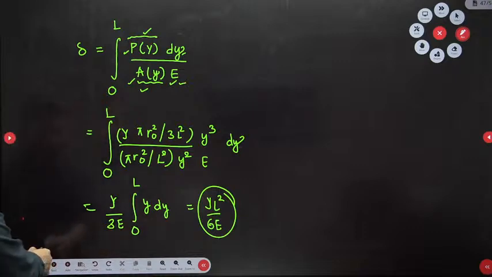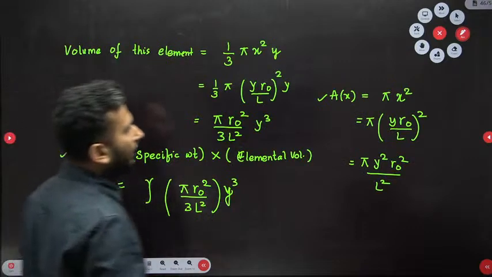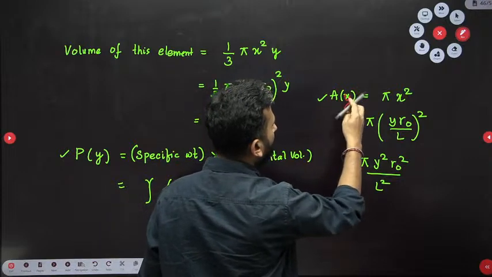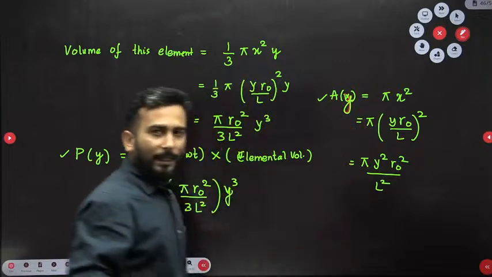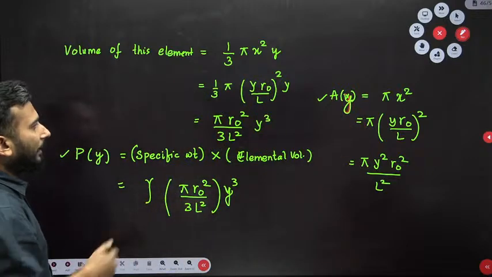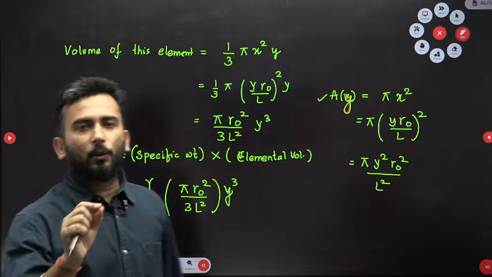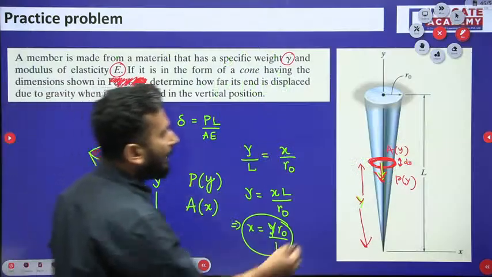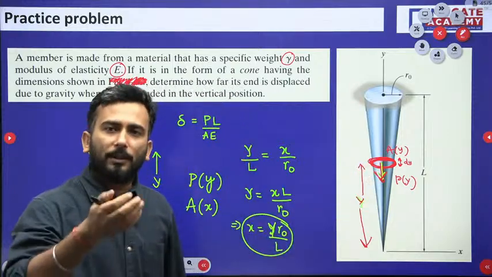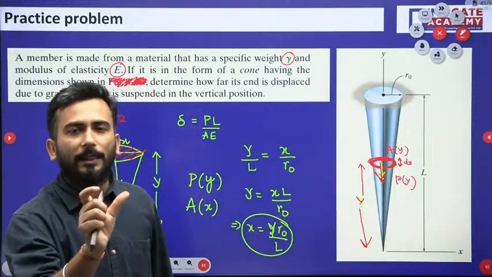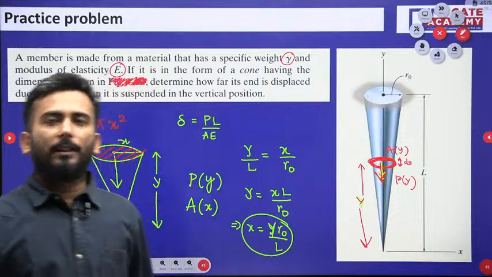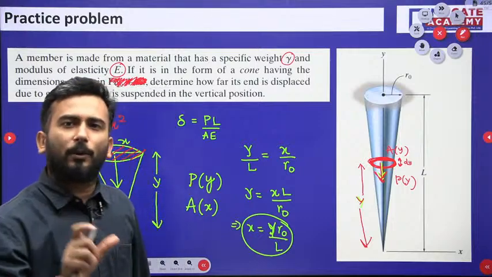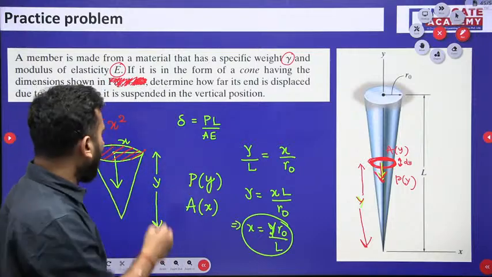Pragyabrat, see, here I have written A x, but it is better if you write A y. Why A y? Yes, it is a very good question. It is just a mistake of denoting. So it is A of y, because at a distance of y we are denoting the area. Got it? At a distance of y we are finding the area. So what is the radius at y distance?